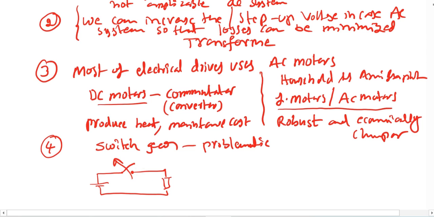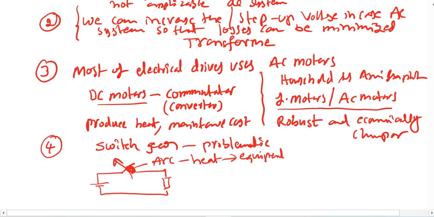Therefore, if you suddenly open this switch, an arc will be formed between these two gaps. If this arc is not extinguished, it is going to produce heat, and that leads to damage of the equipment.